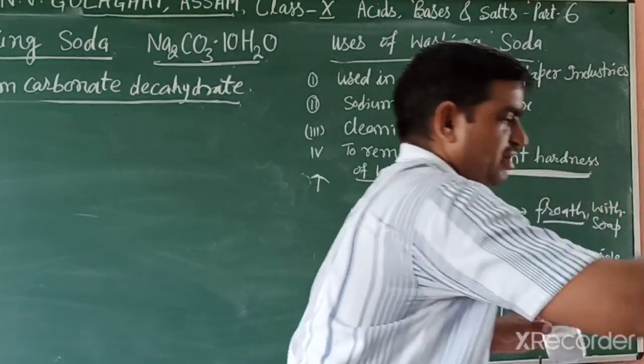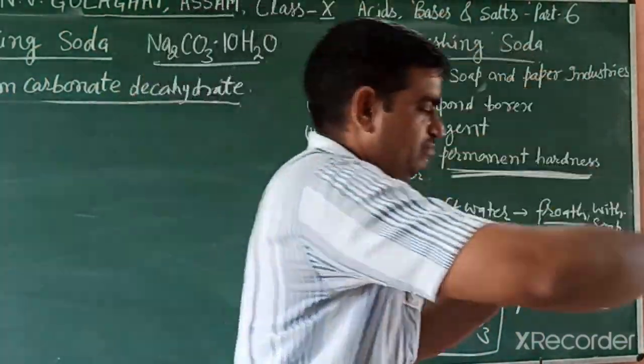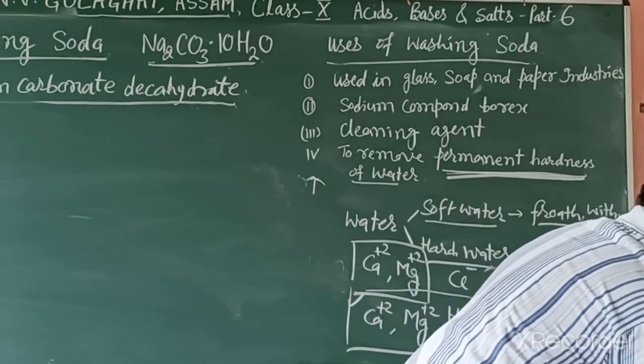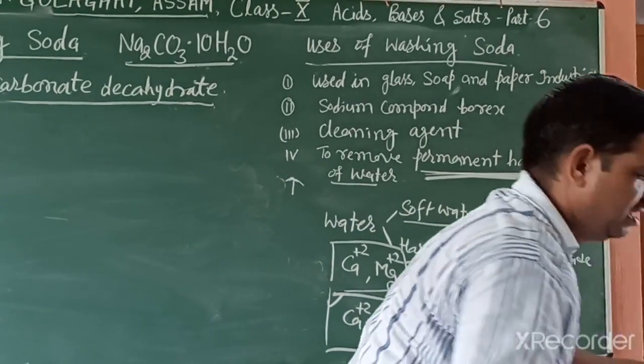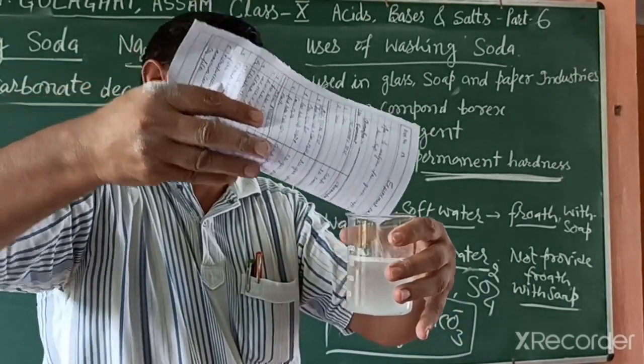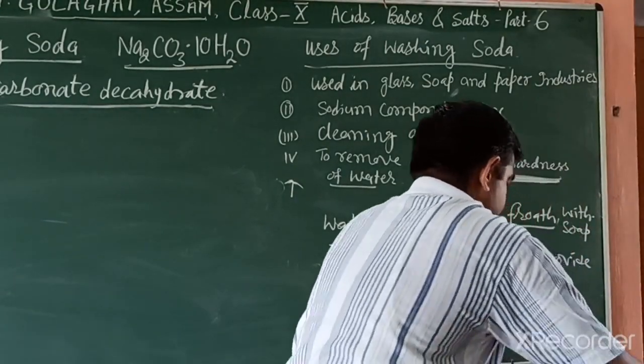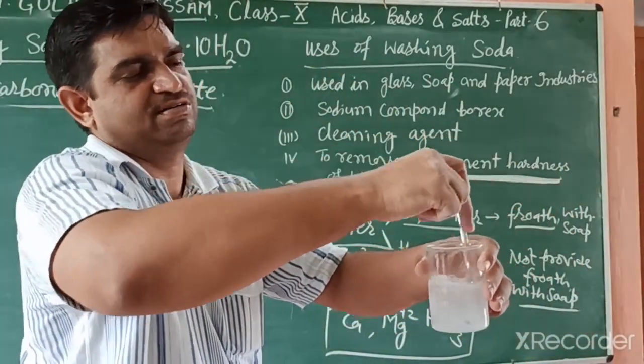So here we have magnesium sulfate. Magnesium sulfate is a salt, and when we mix it in this, what happens? This water becomes hard water.